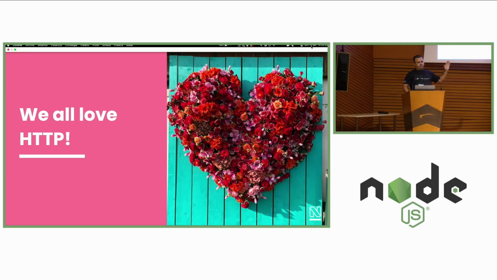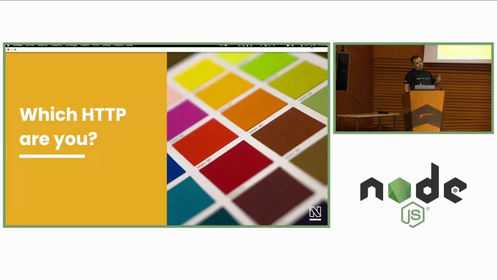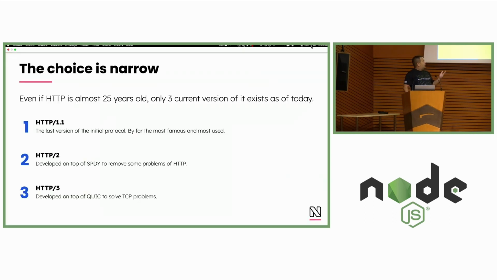We all love HTTP in Node. That's probably the most used part of Node, because people install a web server or a web client and so forth. And the question is: which HTTP are you? As we all know, there are only three possible choices for HTTP, even though we are talking about a 25-year-old protocol.